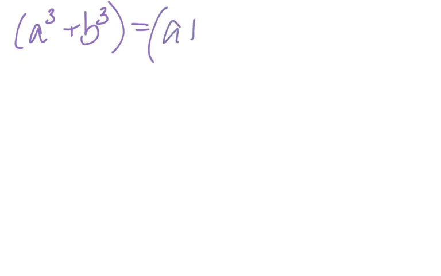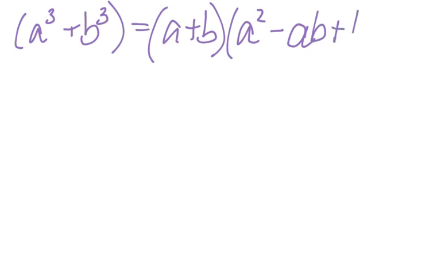So sum and difference of cubes. If you have a cubed plus b cubed, the factorization is going to be a plus b times a squared minus a times b plus b squared.